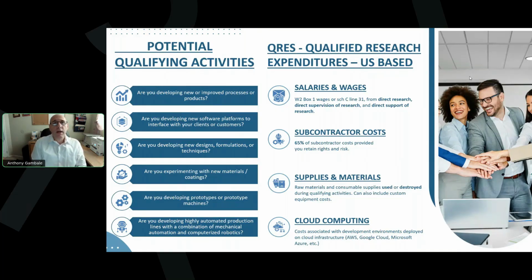Are you in pharmaceuticals? Are you a farm where you're constantly changing your process of growing, different fertilizers, different watering techniques, crop rotation, all this kind of stuff? So it's a very, very broad scope that you can qualify for within just developing new, improved processes or a product.